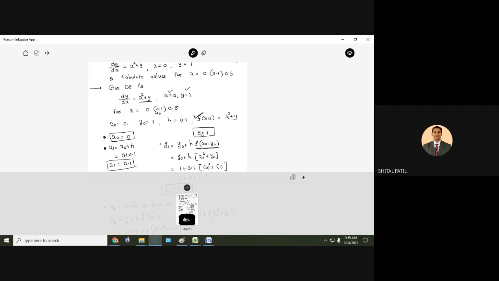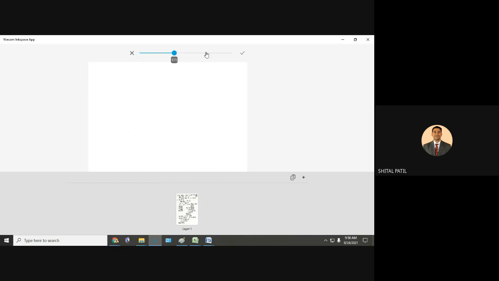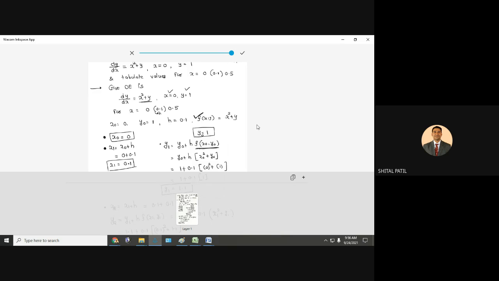I don't know how to remove this part. How to remove this?